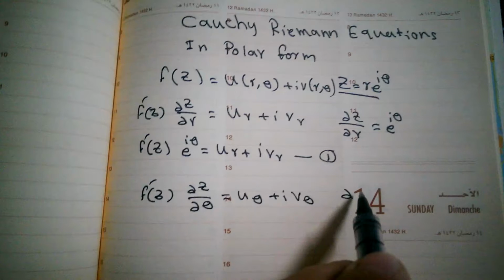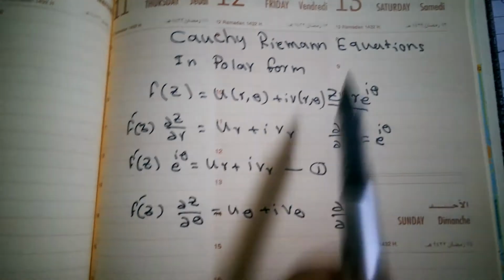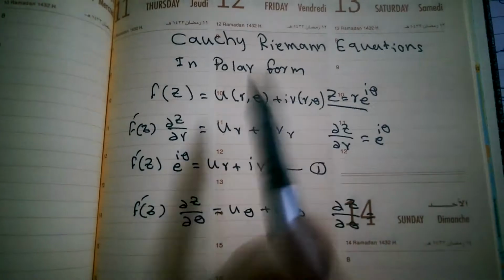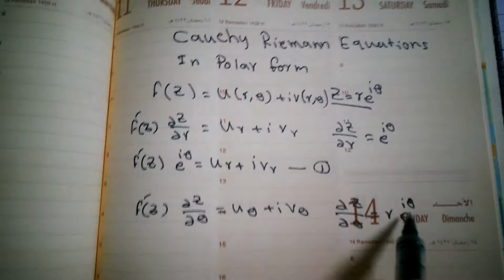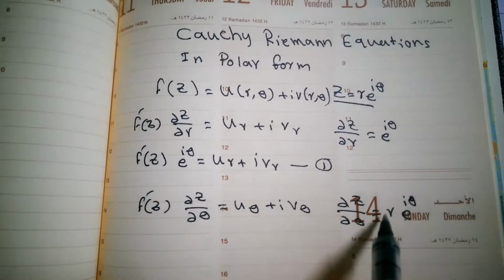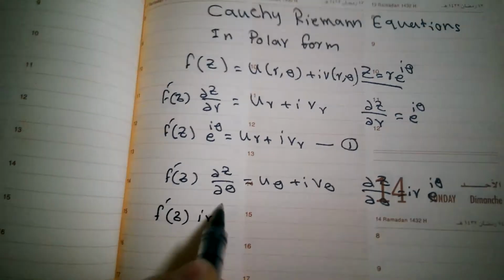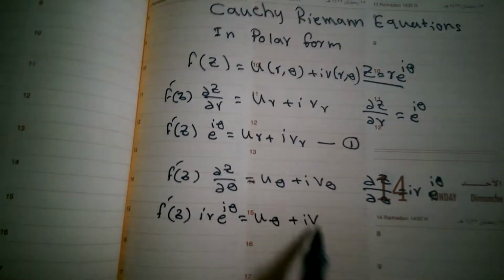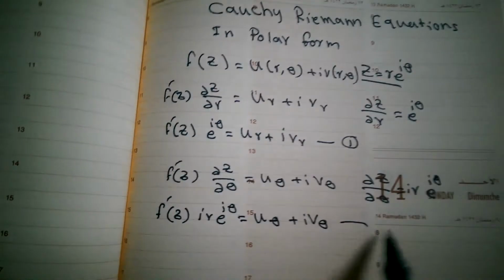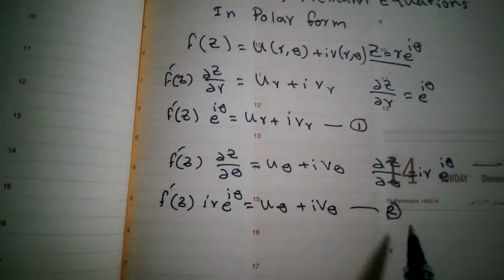So partial z by partial theta: take the derivative with respect to theta, r is constant here, e to the power i theta, and the derivative of the power is only i. We have f dash of z i r e to the power i theta equal to u sub theta plus i v sub theta. Let's say it's equation number 2.